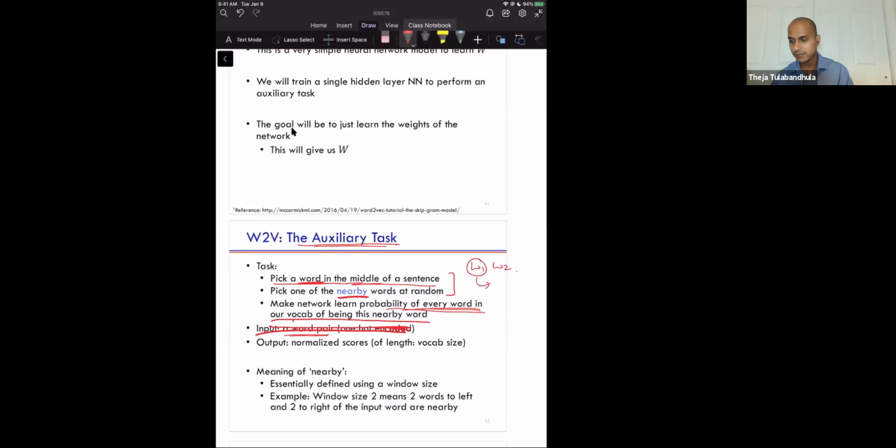Okay, so the input is a word, and we want to predict another word. So we have a vocabulary of size capital V. So any of these words can be a nearby word. But we want to say that one of these words is going to be the nearby word, and which word it is depends on the training example, let's say W1, W2. W2 is the nearby word for W1. Okay. So let me actually explain that with an example in the next slide.